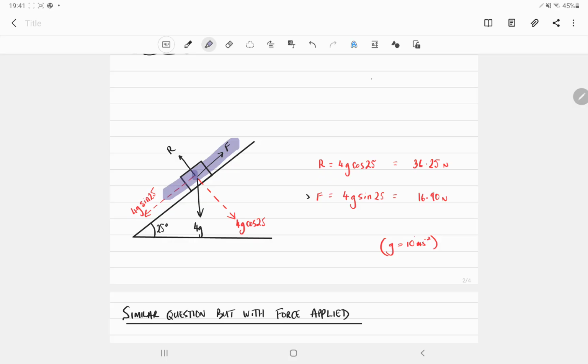Here is our 4g sine 25 acting down the plane. Because it is just about to move, those two things are equal. Therefore, the frictional force acting up the plane is equal to the 4g sine 25 acting down the plane. Also, the normal reaction is equal to our 4g cos 25 into the plane.